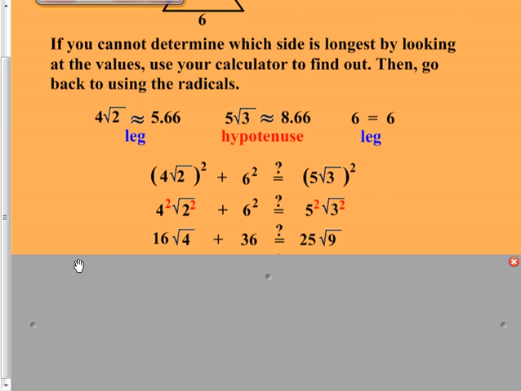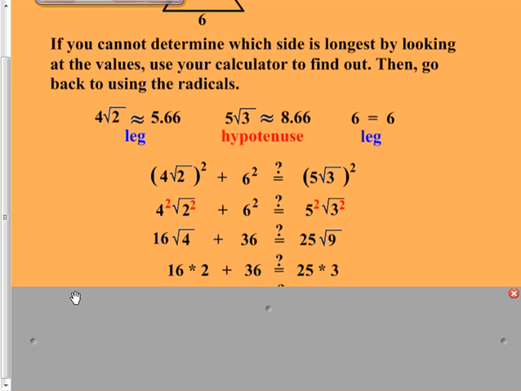Now, these radicals are obviously not simplified. Hopefully, you don't have to go to much math to figure out that the square root of 4 is 2. So that first term is going to be 16 times 2. And the term on the right is going to be 25 times the square root of 9, which is 3. Okay, so there they are, 16 times 2. And on the right, 25 times 3.